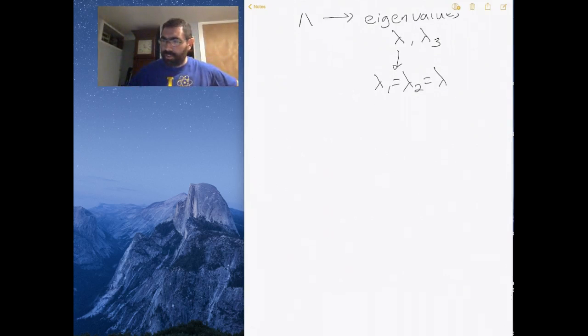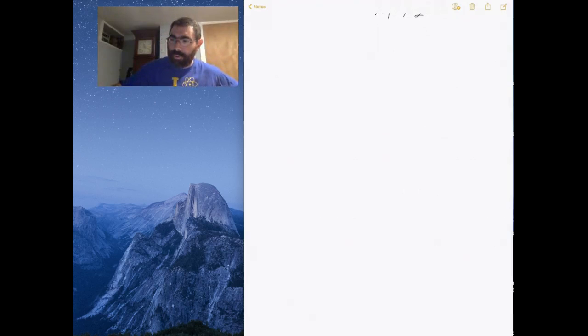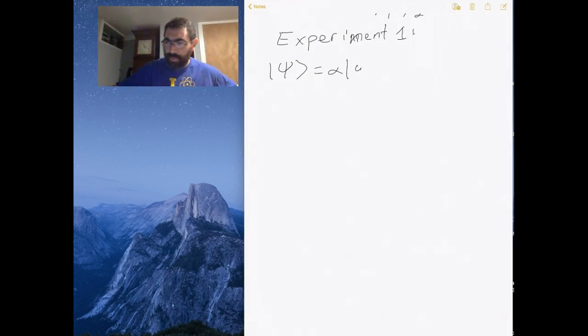So let's consider basically the first experiment, experiment number 1, where our state is some factor alpha times the state omega 3 lambda 3 plus beta times the state omega 1 lambda plus gamma times omega 2 lambda.